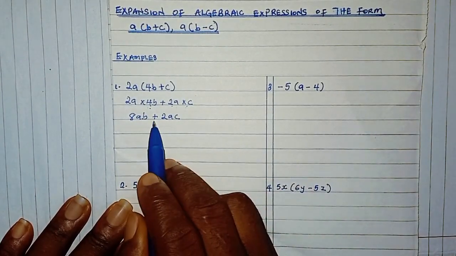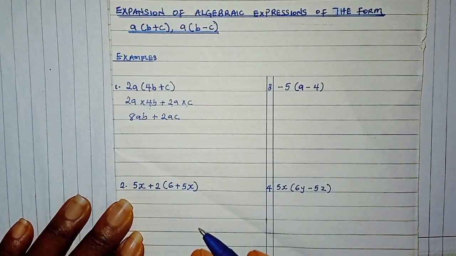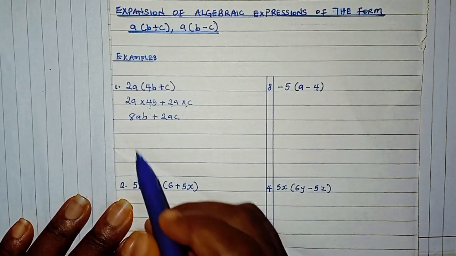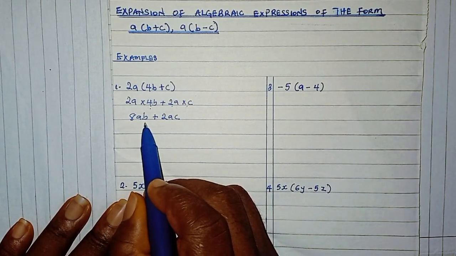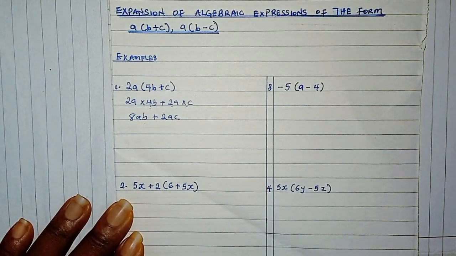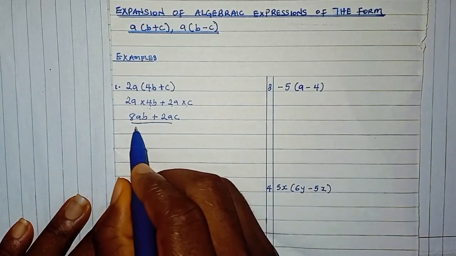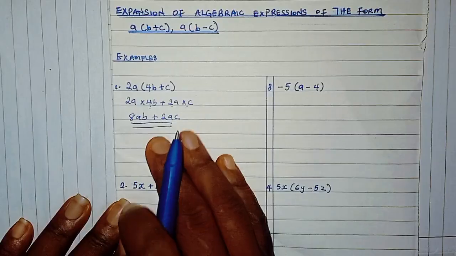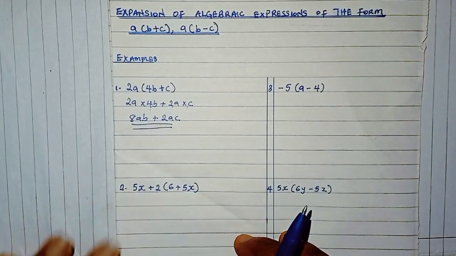Now, if you look at this, we are not having terms that are alike. For instance, here we have AB and here we have AC. They are not like terms. So we are leaving our answer as this. This becomes our final answer.